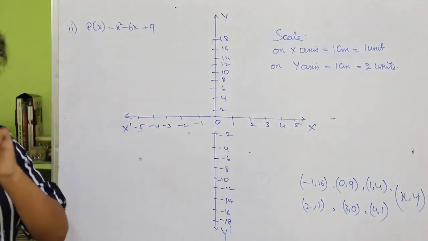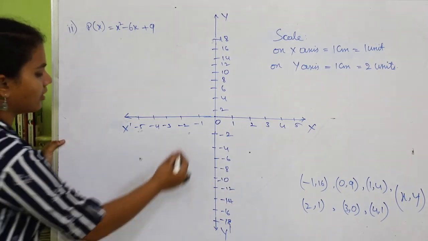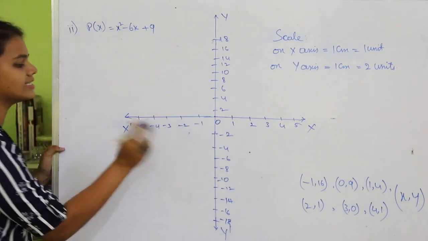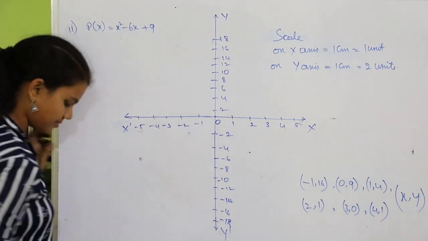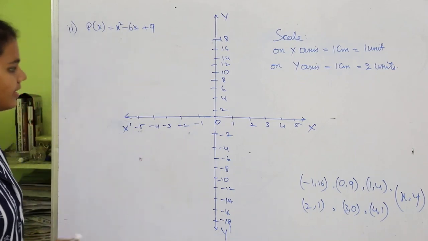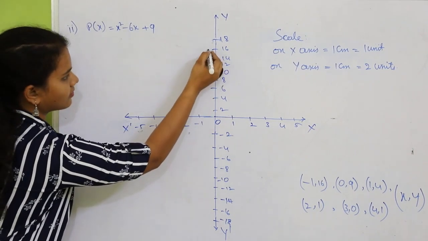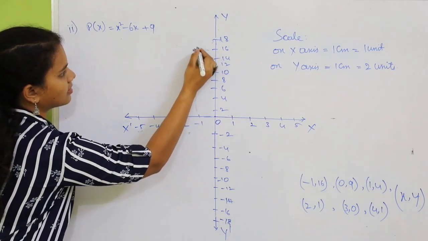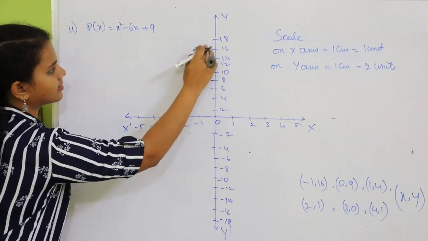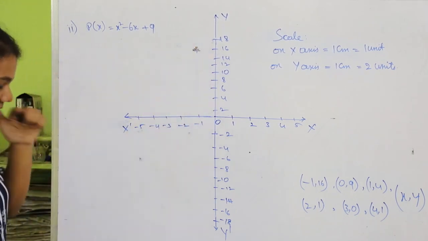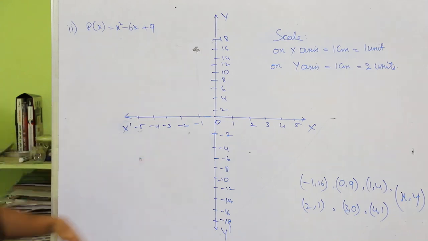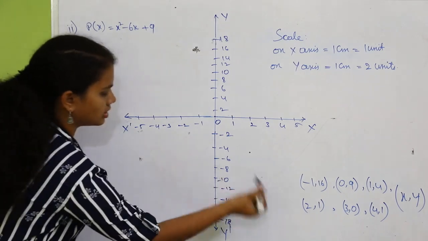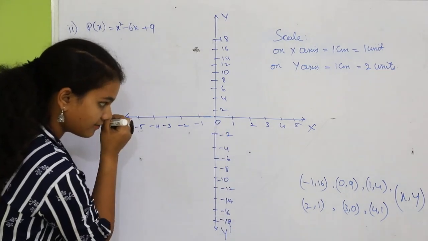Minus 1 is on the x axis and 16 is on the y axis, so the point forms somewhere here, where both meet. Next you have 0 comma 9: 0 on the x axis and 9 on the y axis.